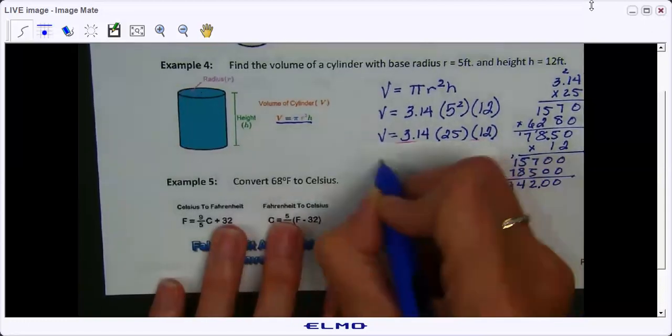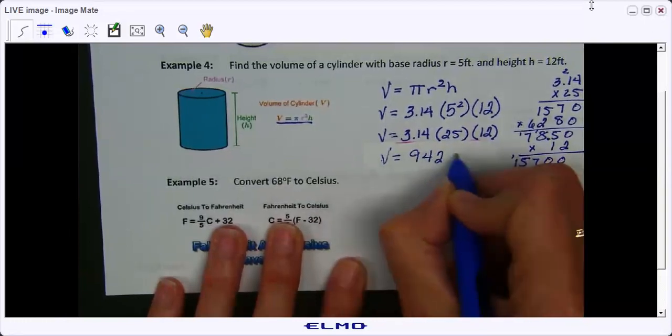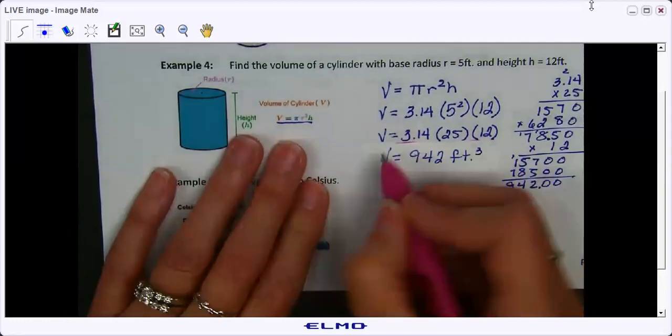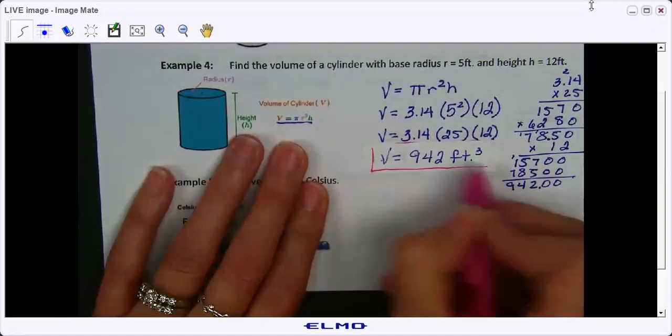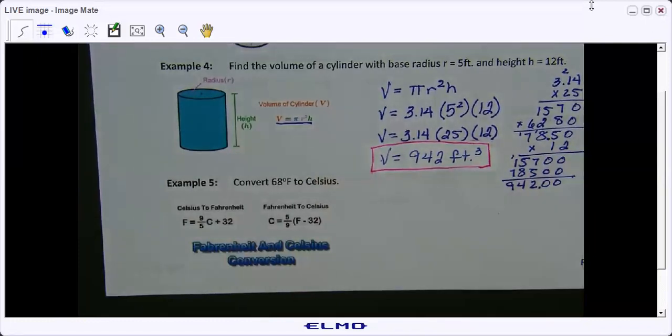Oh yeah, volume equals 942 feet cubed. Yeah, but I did it right the first time. I just did it wrong this time. I wasn't thinking. Okay, now we're all on the same page.